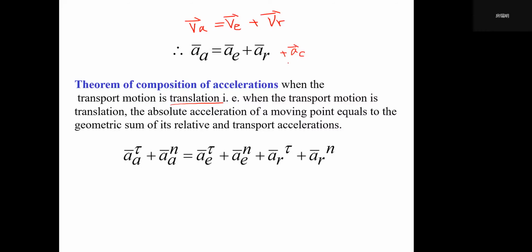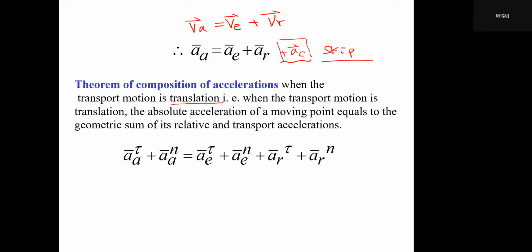We call that the Coriolis acceleration. But this part is too difficult for you guys to understand, so I will skip it. We do not introduce the final section of this chapter. We only consider the situation where our transport motion is translation.